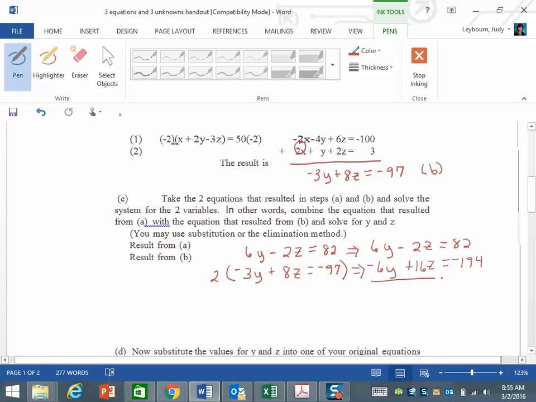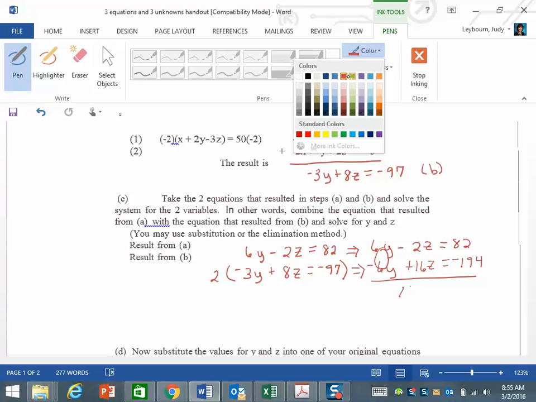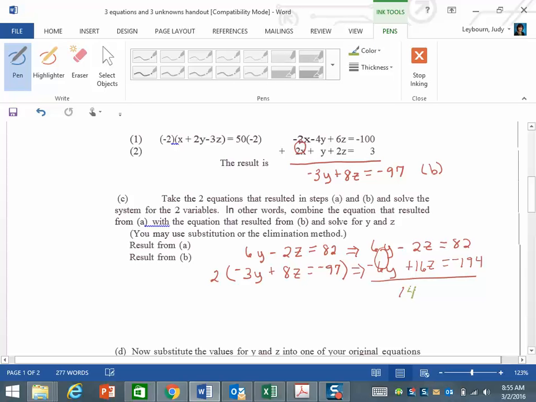When I add those two equations, the y terms go to 0. I have 14z equal to -112, and z is equal to -8.